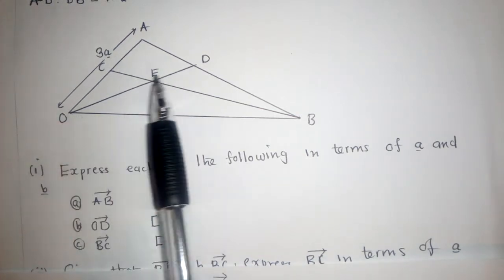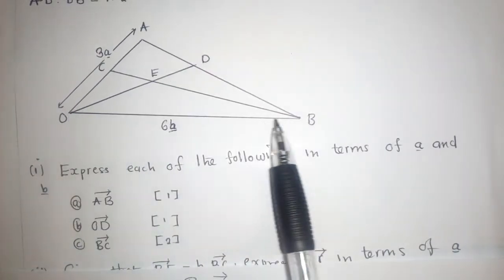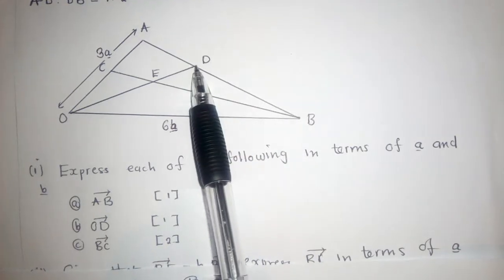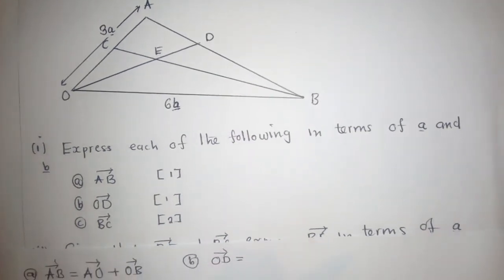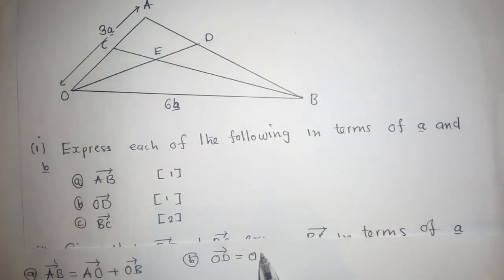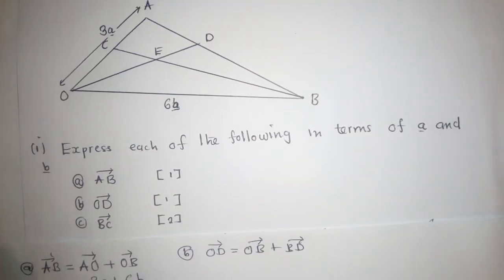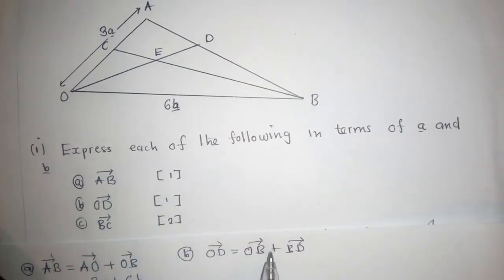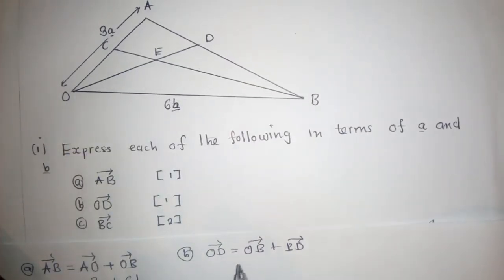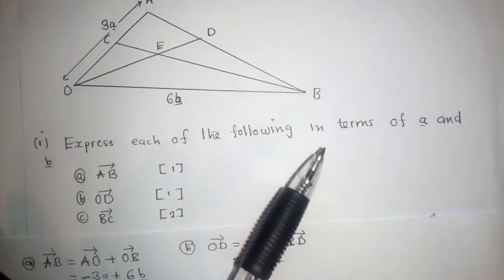So meaning OD will come back at O and start from O to B plus B to D. So now we can write, we'll say it's equal to OB plus BD. So this is what we are expected to do. Now what is our OB? Our OB, we know that our OB is 6B plus what is our BD?